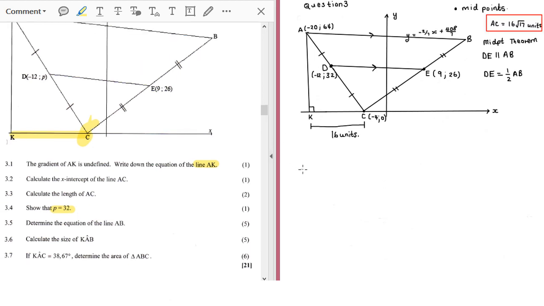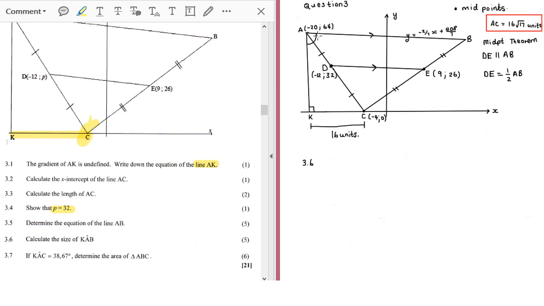Right, question 3.6. We are asked to calculate the size of the angle KAB. Right, so the angle KAB is this angle over here, this full angle over here.